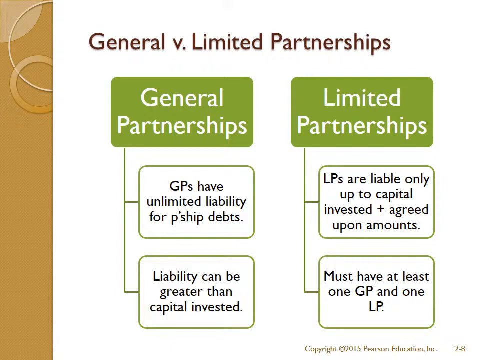Whereas with limited partners, generally a limited partner contributes a certain amount of money, and they basically are hands-off partners where they just contribute the money, and then the general partners are the ones who are actually controlling the business. Because of that distinction, limited partners are generally only liable up to the amount of money that they contributed to the partnership. Whereas you could sue a partnership and the general partners could lose all of their personal assets in the lawsuit, versus a limited partner would only be liable for whatever they contributed to the partnership.